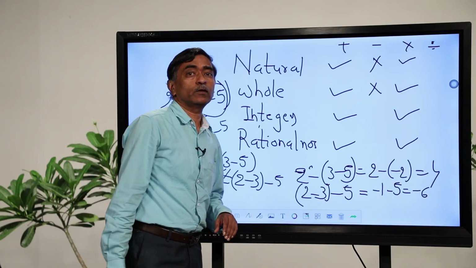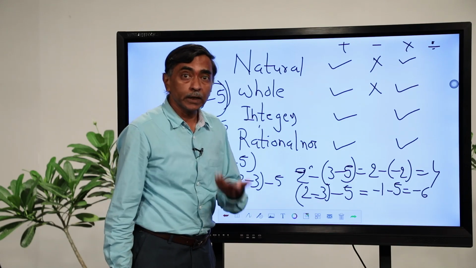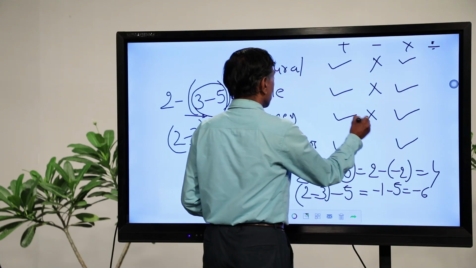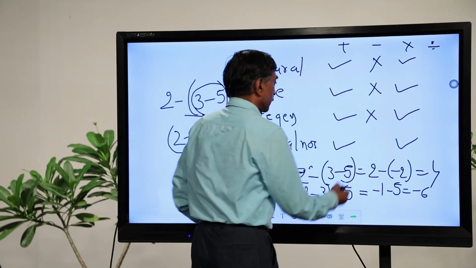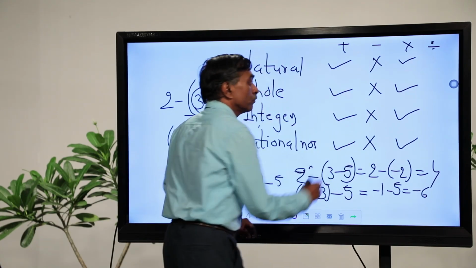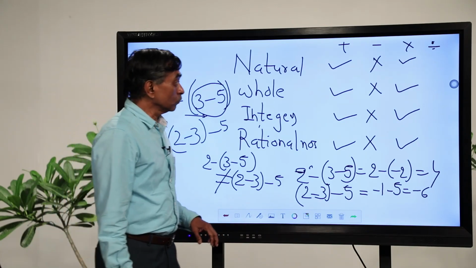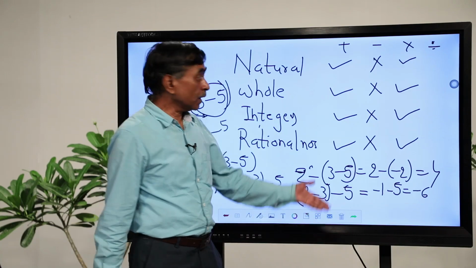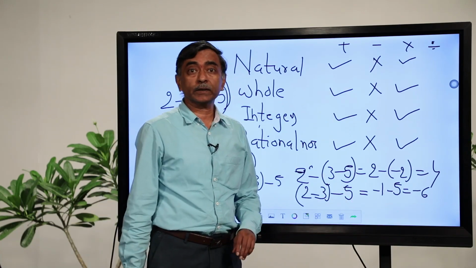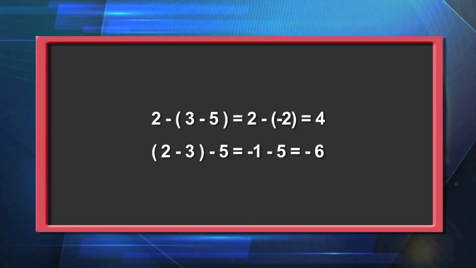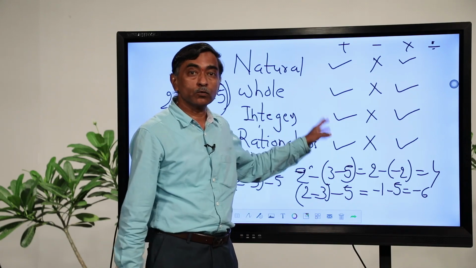Similar thing you can try to calculate for rational numbers as well. You will find that this is not associative under the operation of subtraction. What is our observation again? They are definitely closed under subtraction, rational numbers as well as integers. Both of them are closed under the operation of subtraction, but they are not associative under these two operations.